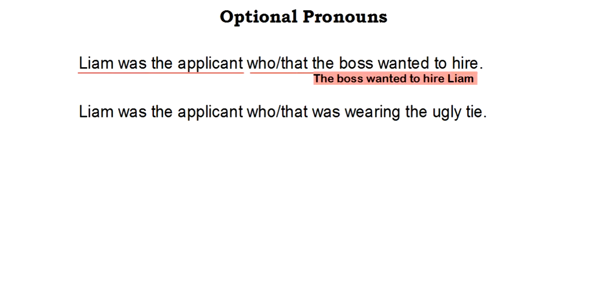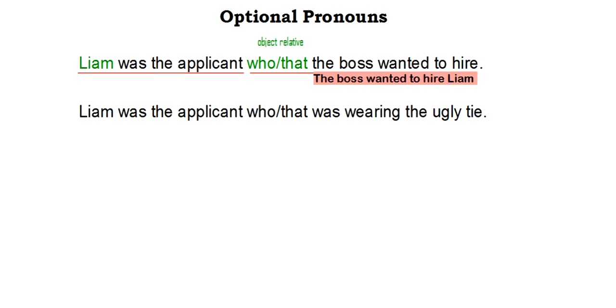The boss is the subject, the verb phrase is wanted to hire, and Liam is the object of this clause, meaning the relative pronoun here is what we call object relative. It refers to an object and not a subject.